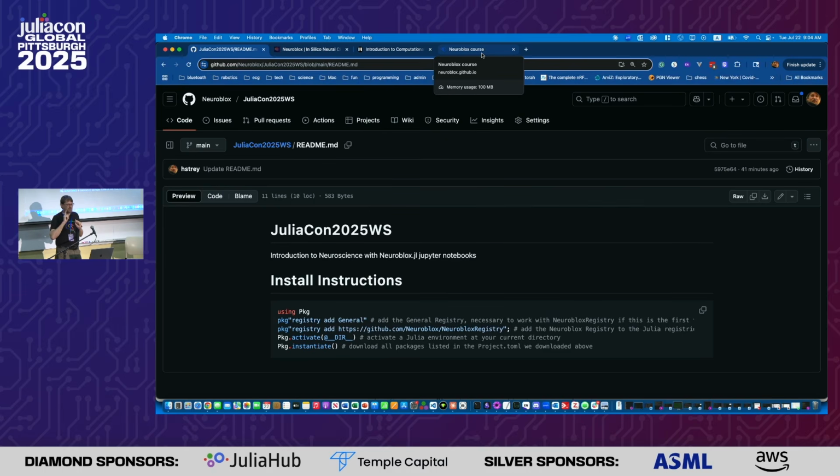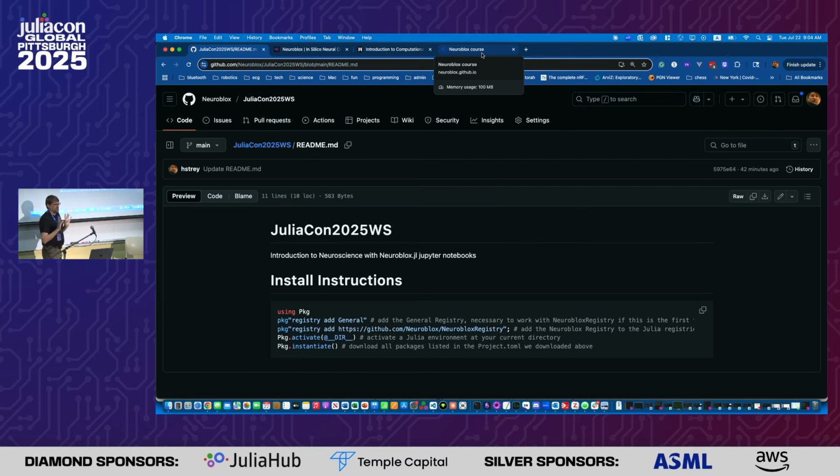Then what you want to do is go with a terminal, right? You want to take a terminal, go to that directory where your notebooks are, and then start Julia there, and then use these commands that are in the README.